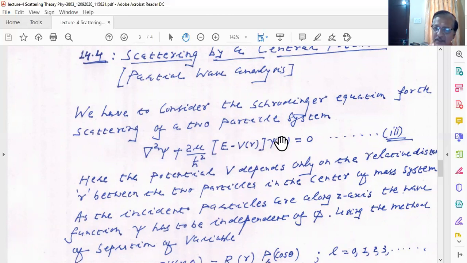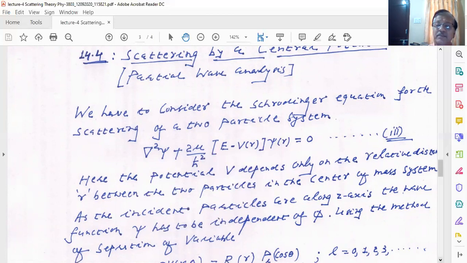So your psi, which is a function of r, theta, phi, is independent of phi since your particle is moving along the z-axis, which I have already explained in my previous classes.